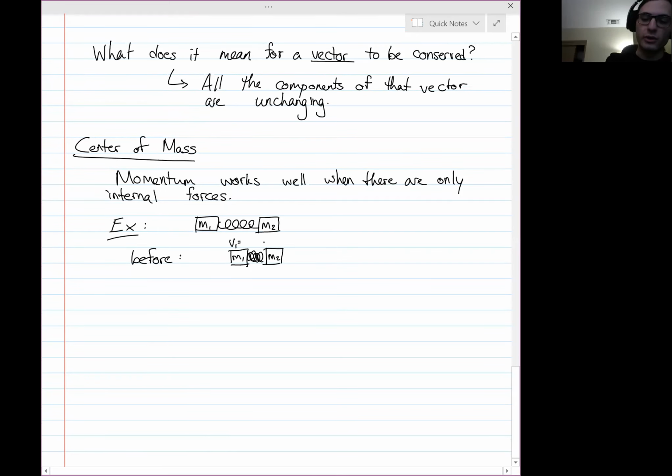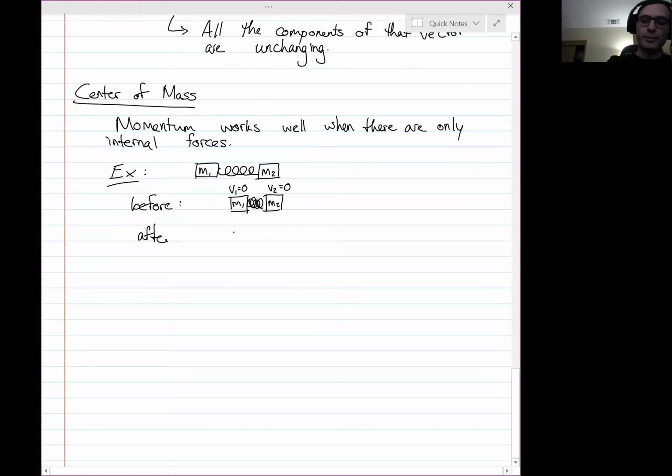So v1 is 0 and v2 is 0. Well, after you let them go, what happens? Oh, by the way, let's also assume that they're actually not connected, that they're just kind of pushing on it, but if you let them go, they'll be released. The spring's just there to provide some sort of repulsive force.